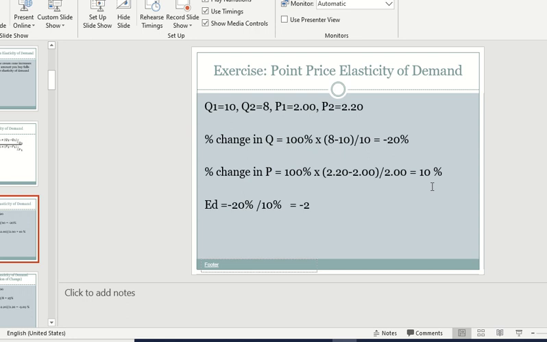So what we have here is that when the price increases by 10%, the quantity demanded drops by 20%. Let's plug into the equation to find the price elasticity of demand: percentage change in quantity divided by percentage change in price. That gives us negative 2.